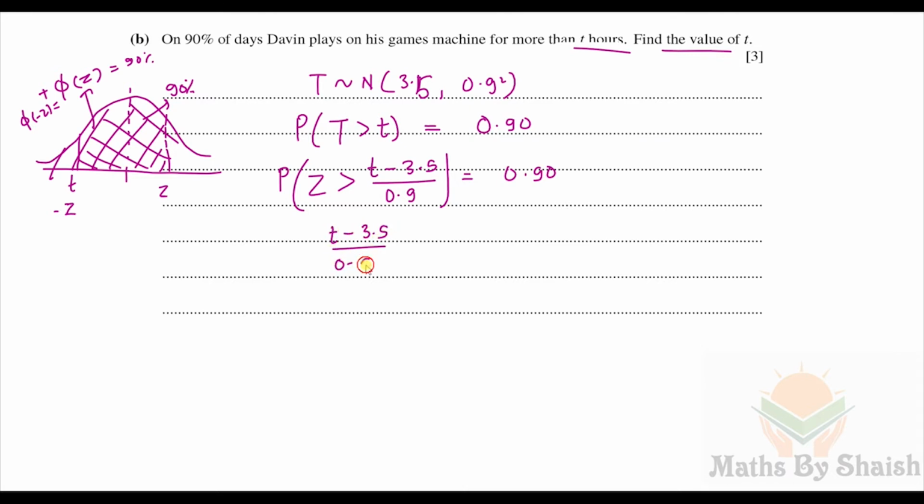0.9 as negative of phi inverse of this value, because this t is towards the left hand side of the mean.